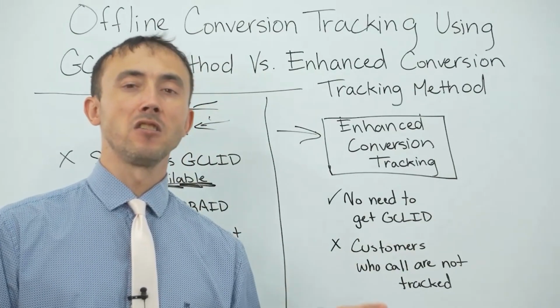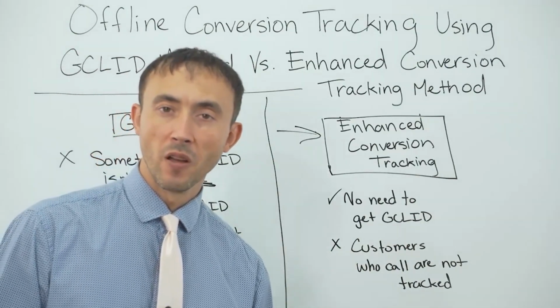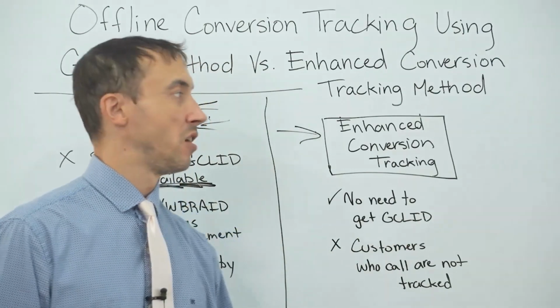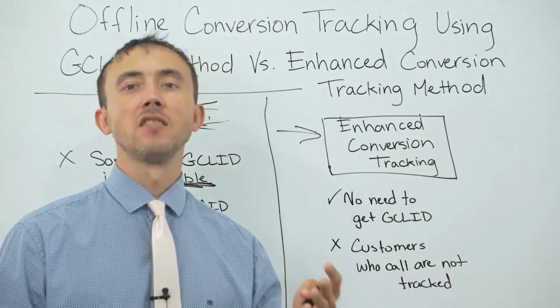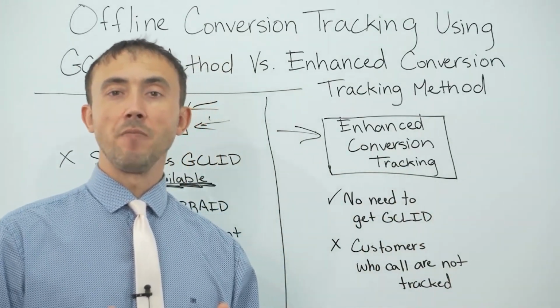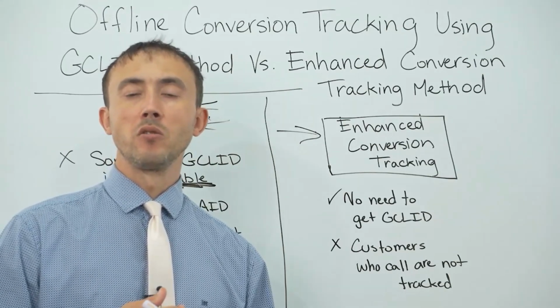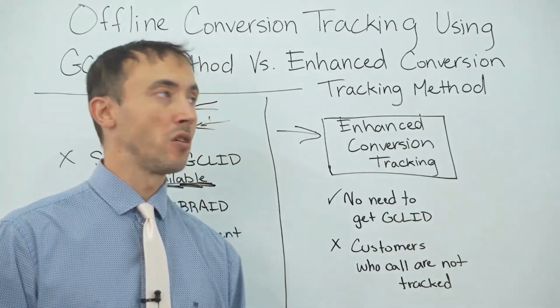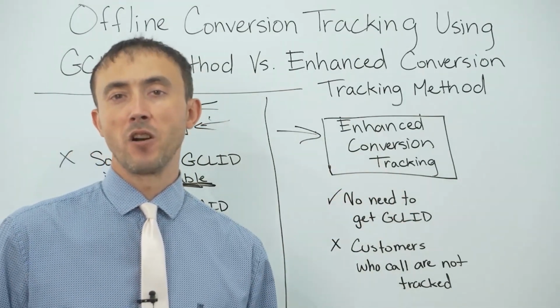In some spaces, like the speaking space, 90% of the leads come from form fills. So in that case, enhanced conversion tracking could be just fine. It's an automated process ultimately, and there's no need to manually upload anything or use the Google Ads API per se. And there's no technical drawback to using enhanced conversion tracking to track your offline conversions.